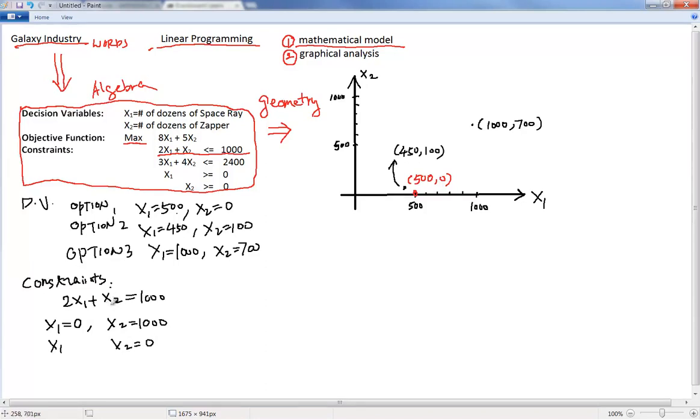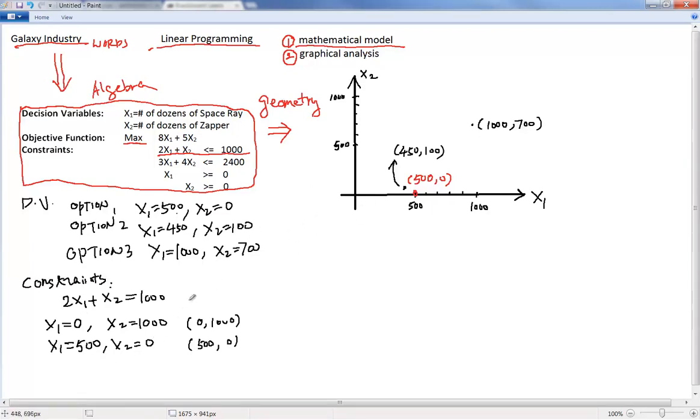In order for x2 equal to 0 and still make the two sides of the equation equal to each other, x1 has to be equal to 500. So this one will be our first point, and this one is our second point. Remember, as long as you can find 2 distinct points, you can always find a line. The reason we use 0 here is to make the computation easier.